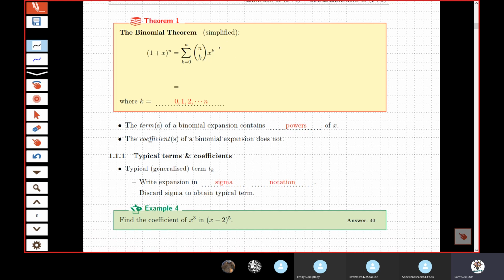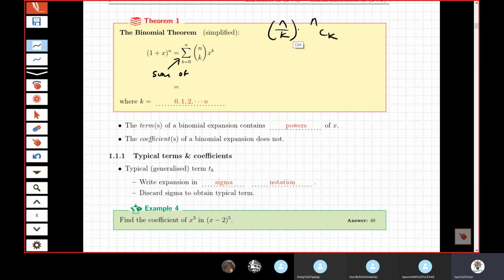So the binomial theorem simplified is sigma, which means sum of n choose k. You either write n k as a bracket or n choose k. You'll probably see me writing more n choose k's, only because I have a tendency of writing a fraction there, because I teach the younger grades as well, and we do fractions still.